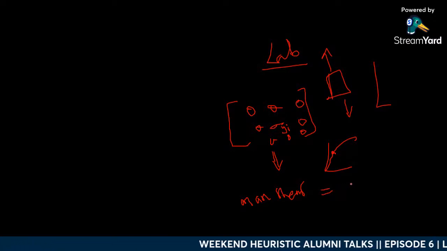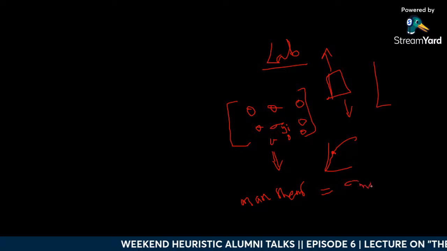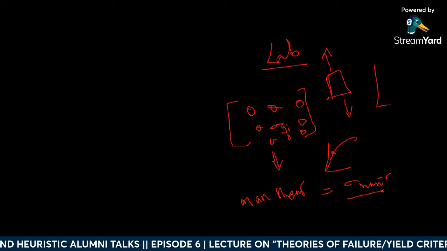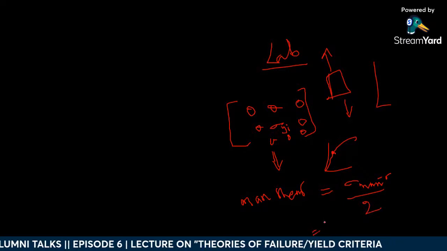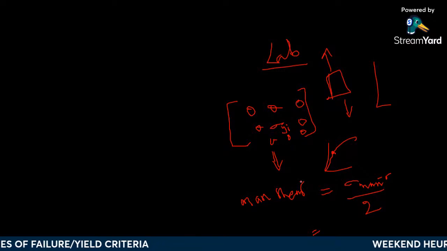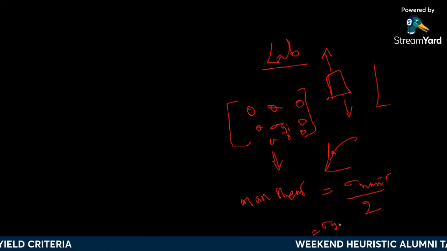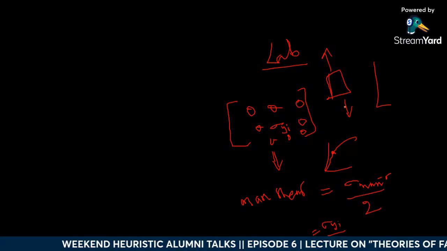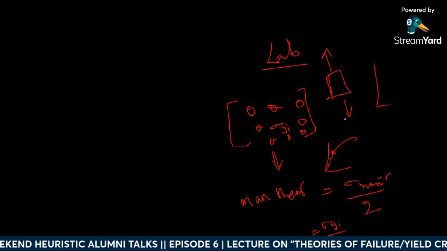You need to know the maximum principal stress minus the minimum principal stress, divided by 2. This will give the maximum shear at the failure point. So what value will you get? Sigma yield by 2, right? This is the maximum shear your material can sustain before it fails.